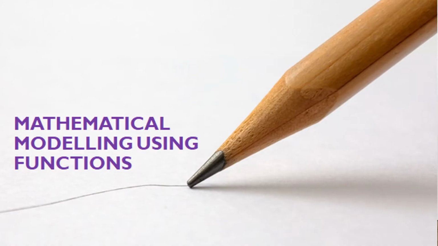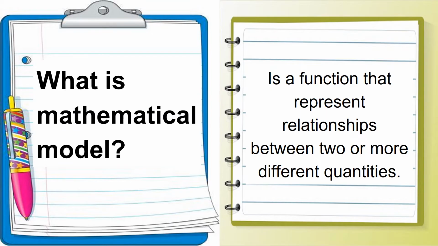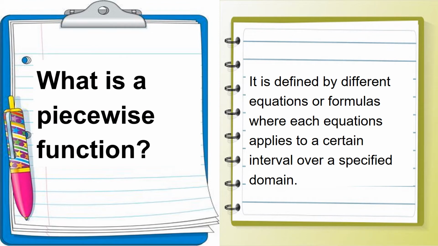Okay, mathematical modeling using the function. So, what is a mathematical model? It is a function that represents relationships between two or more different quantities. And what is a piecewise function? It is defined by different equations or formulas where each equation is applied to a certain interval over a specified domain.